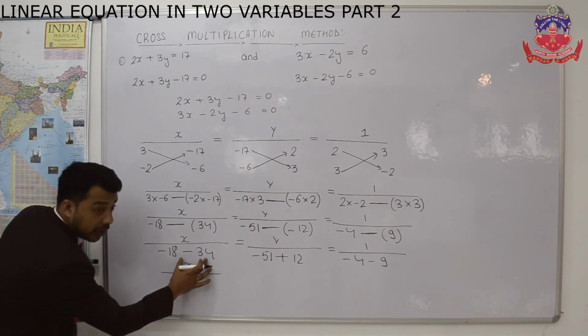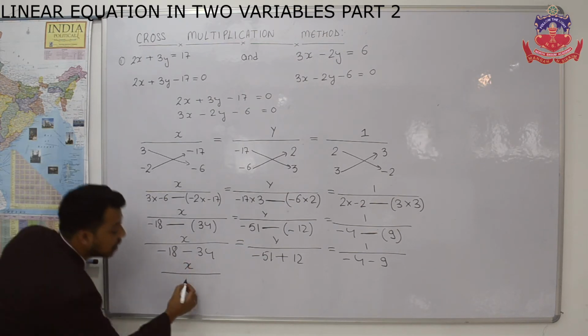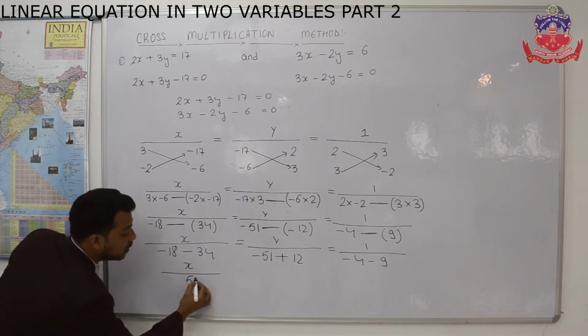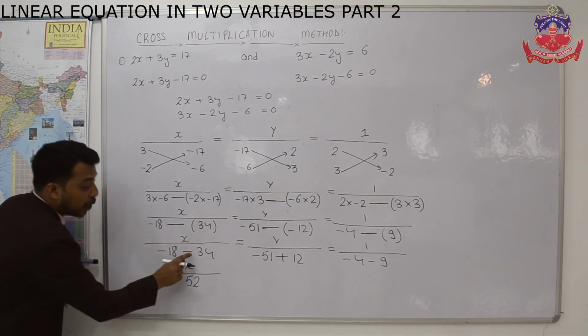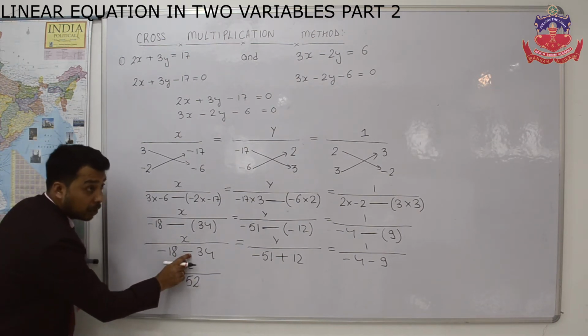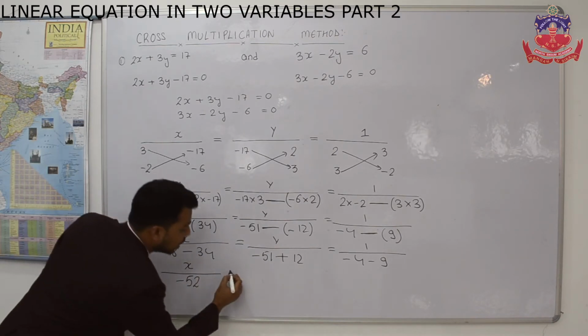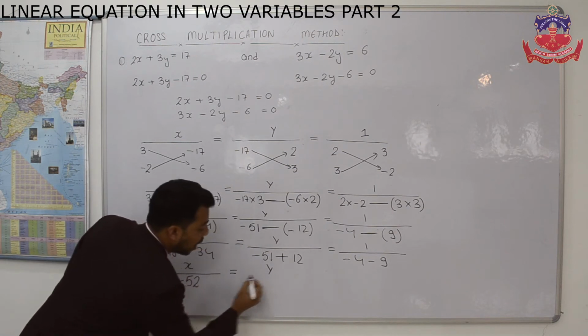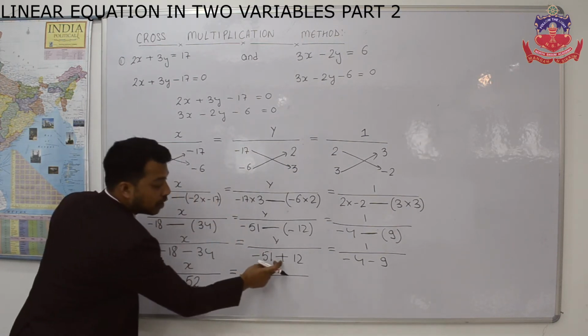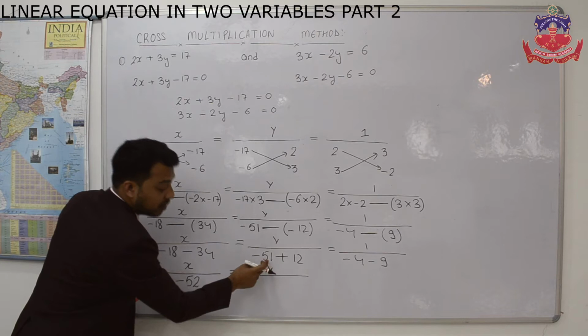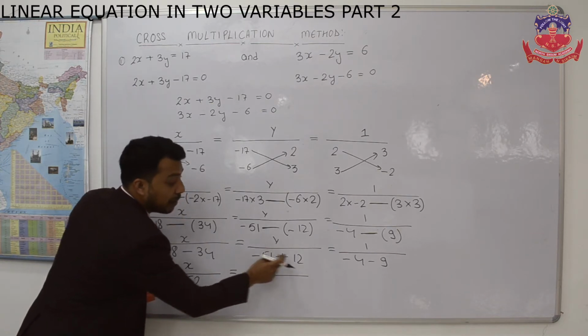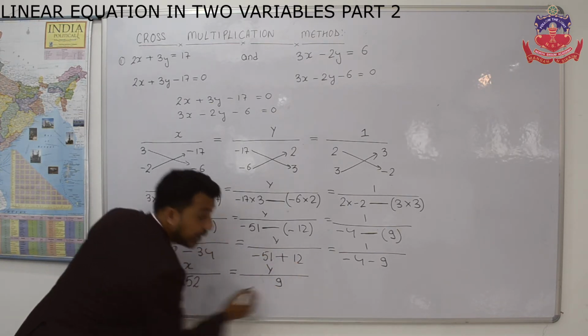When you add 34 and 18, it gives you 52. You write the sign of the bigger number. So 34 is the bigger number, so it will be minus 52 is equals to, here for y plus minus will give you minus. So let's subtract this. So 11 minus 2 will give you 9.